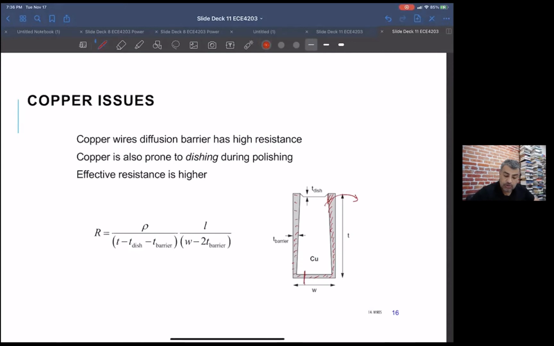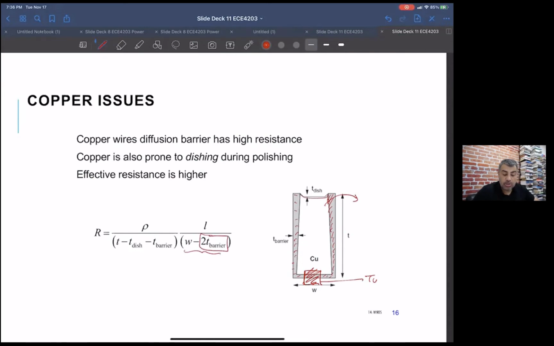Then you put, say, vias here, so the transistors don't see the copper. This might be a tungsten or something like that. But you have to put this barrier, which makes the copper width less than the drawn width, because you have this barrier.